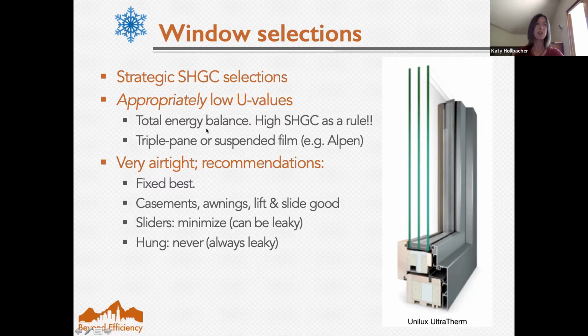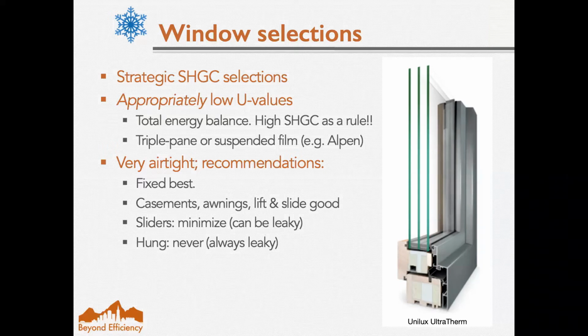So you might get a 2% better U value, which is great, all things being equal, but it could have 30% less solar gain. And in our climate, we get so much benefit from solar gain that in most cases that really should be the rule if you are going to look into it more. So we really do need to think about what's that balance between wanting lowest U value, but also wanting high solar gain. You need to think about the total energy balance of the window package around a building, and be thoughtful about that.